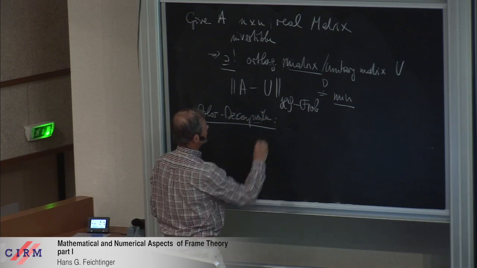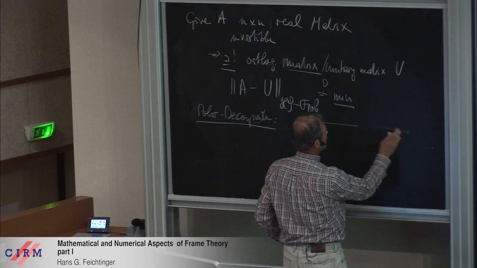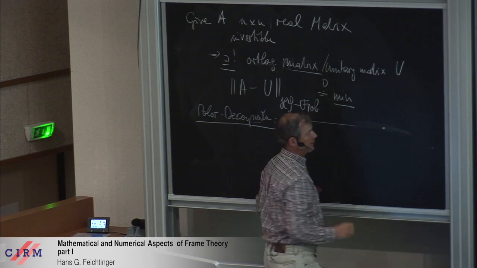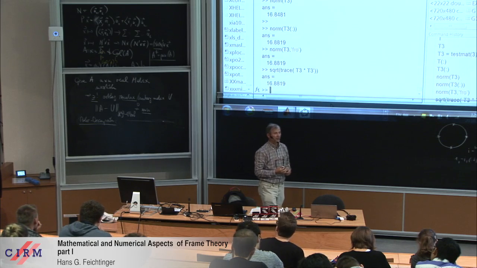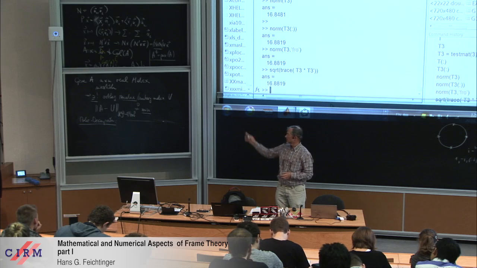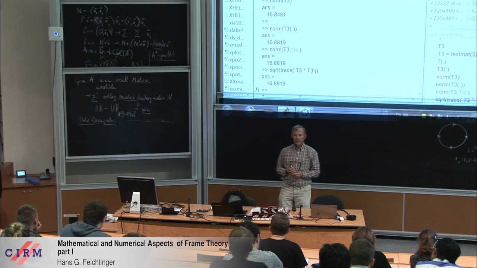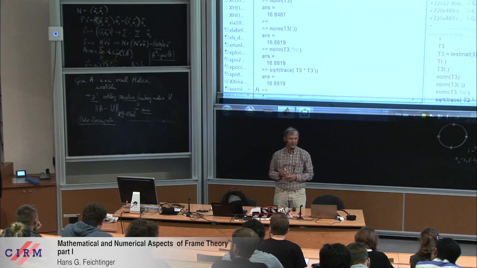The polar decomposition is, roughly speaking, the following idea. I can decompose every invertible matrix, that's why I also put this condition, into a product of a unitary matrix and this rescaling matrix.